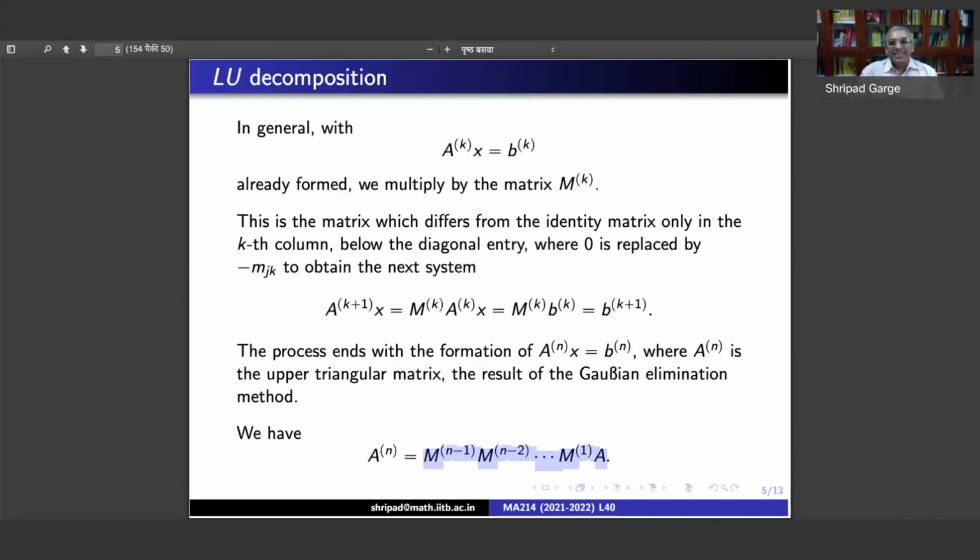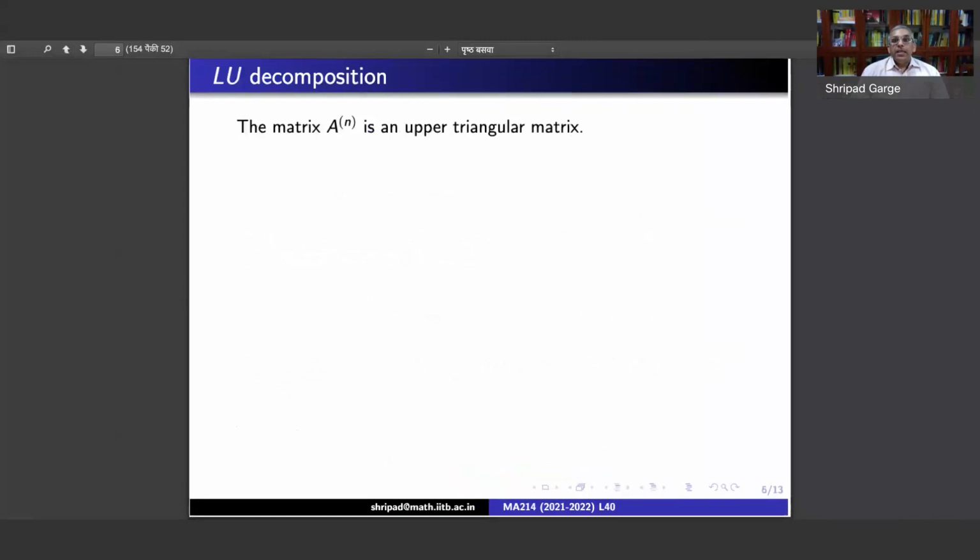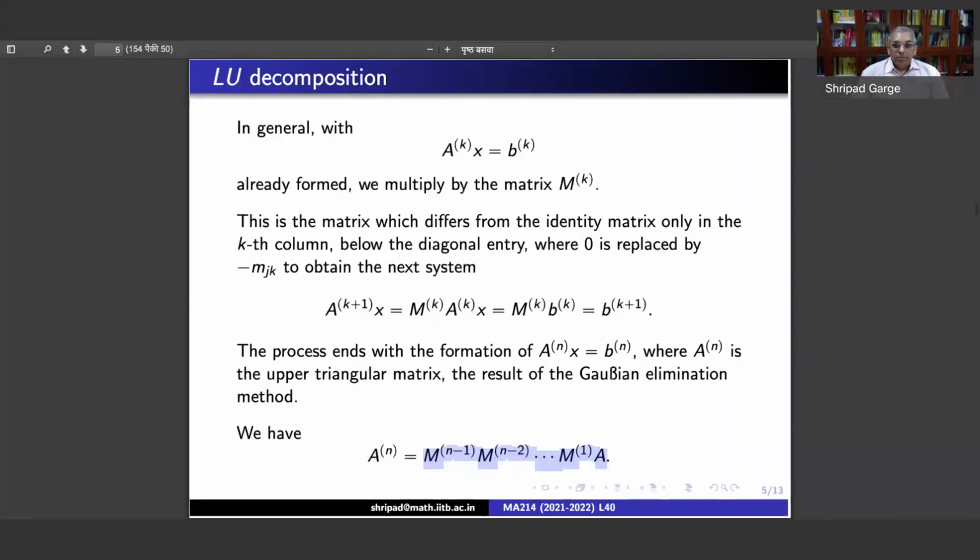The variable xn cannot be eliminated. So we will have only n minus 1 of these matrices. Okay. So this matrix AN is an upper triangular matrix, and it is the matrix which is obtained by multiplying A on the left.